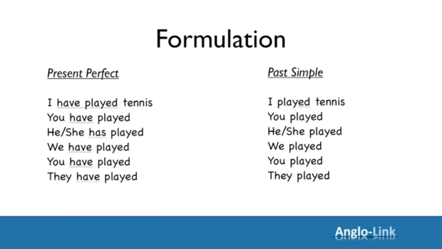For irregular verbs, you would have to go and learn the form from a list. You can go to our website, anglolink.com, where you will find a list of the most common irregular verbs, which you will have to memorize. That's all for formulation. Let's move on to usage.